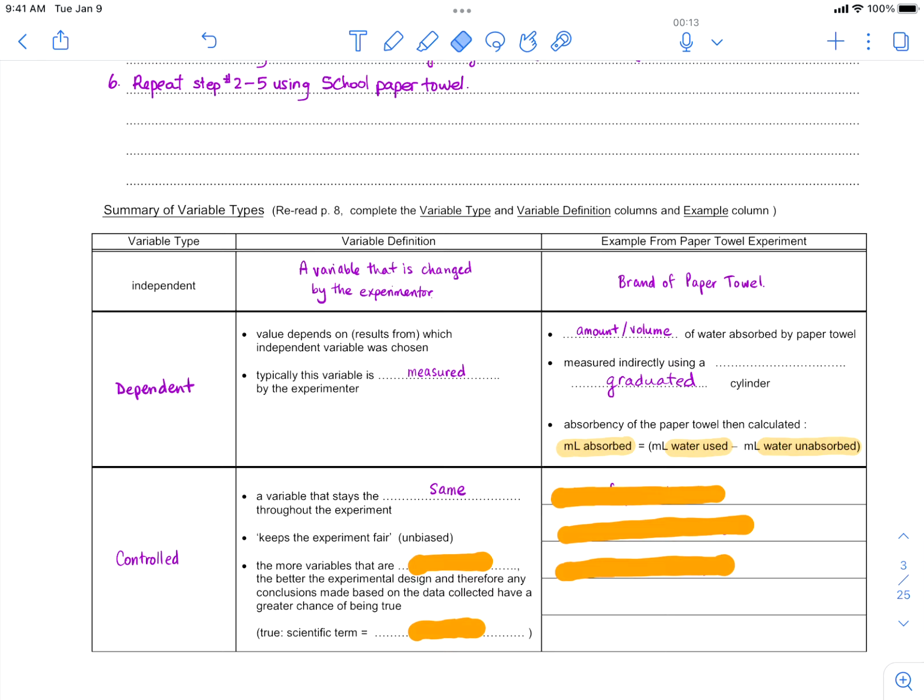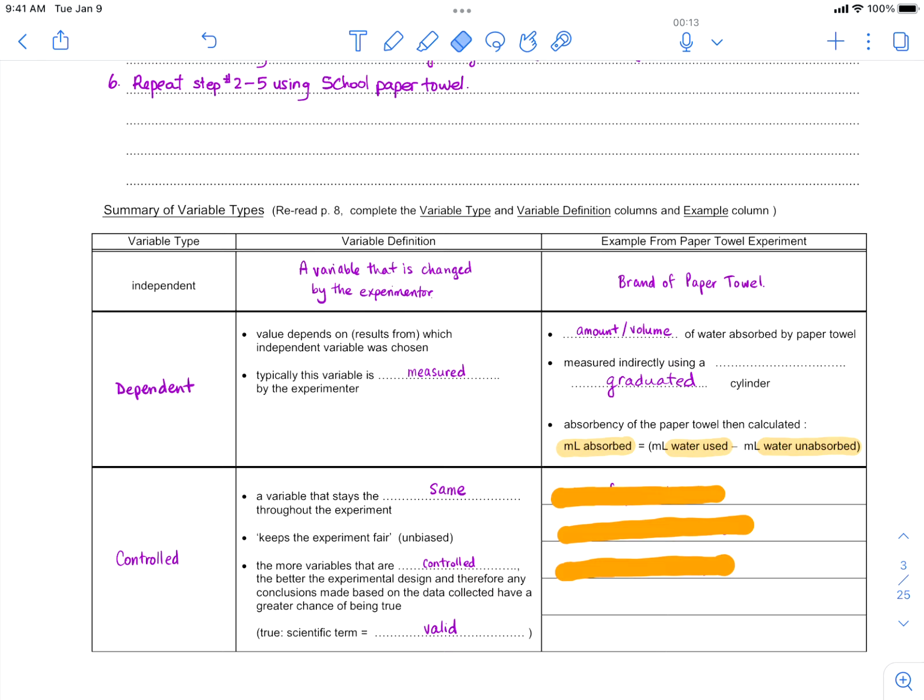Typically in any experiment, the more variables that we control, the better the experimental design, and therefore the conclusions that we make have a greater chance of being true. And the scientific term for the word true is valid. So if we can control more and more variables, then our conclusions can be said to be more valid.